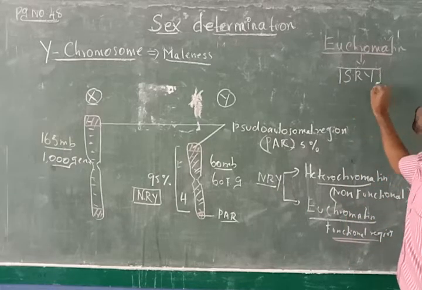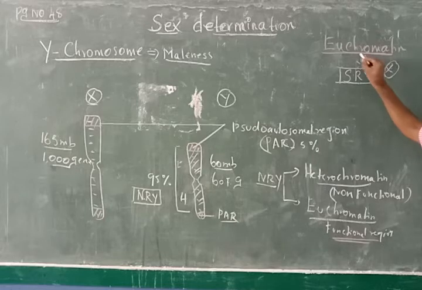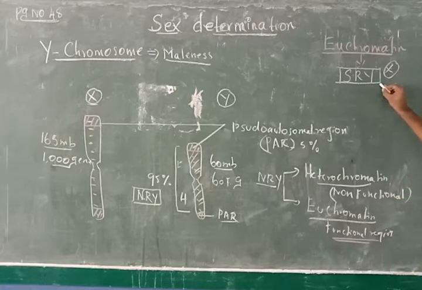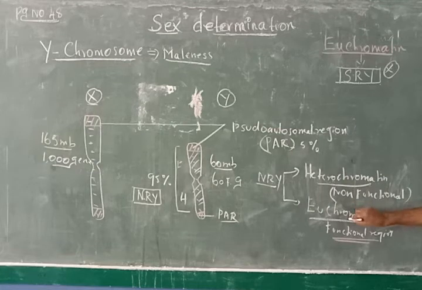Don't forget it, very important. Sex determination region of the Y chromosome. So the gene located in the euchromatin is called SRY. Where this SRY is, it is not in the heterochromatin, it is in the euchromatin. That is why I told you euchromatins are always functional.